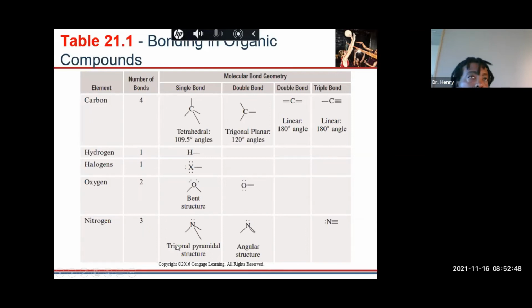So this guy's going to be trigonal pyramidal. If we have a double bond on the nitrogen and a lone pair on top, and then a single bond on the other side, this guy is going to be angular. And then if nitrogen forms a triple bond, then it's going to be linear.